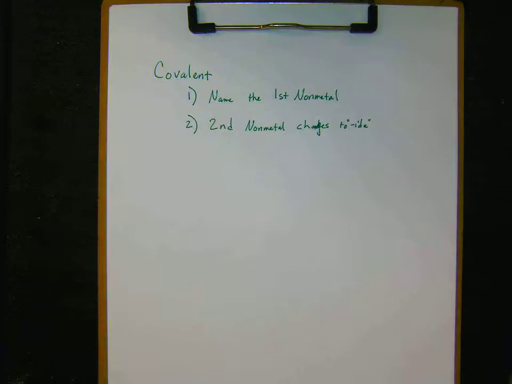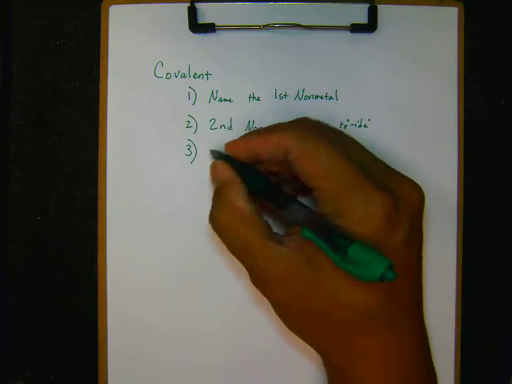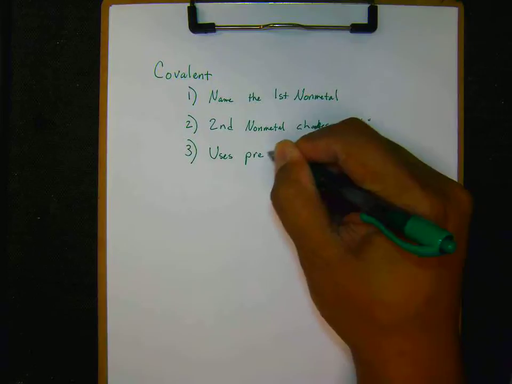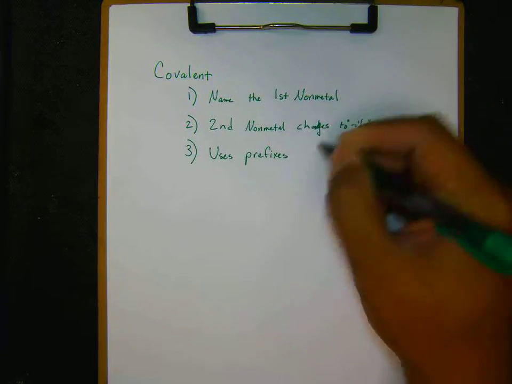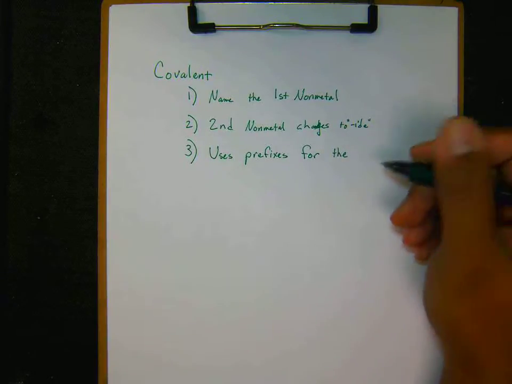So, what's the difference? The difference comes in with covalent uses prefixes. For those little numbers, we call the subscripts.